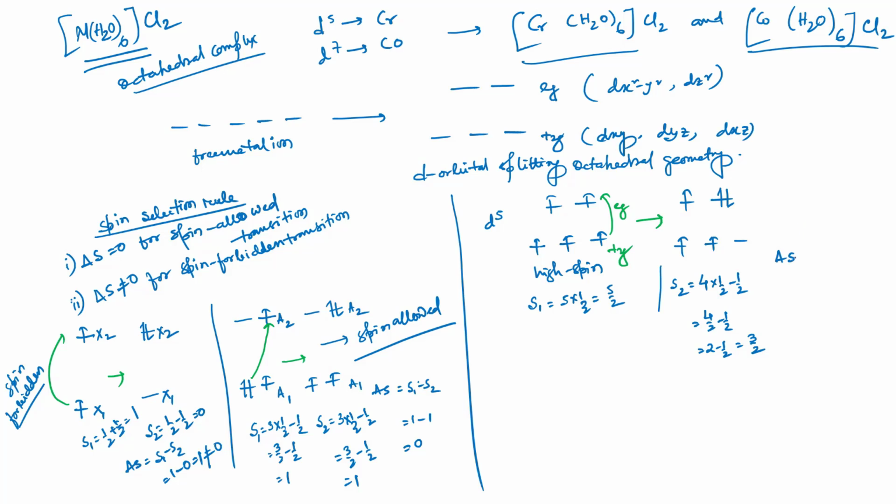Now delta S equals S1 minus S2, 5 by 2 minus 3 by 2, which gives 1, that is not equal to 0. So this transition in the d5 octahedral system of M(H2O)6Cl2, the transition from t2g to eg, is spin forbidden.